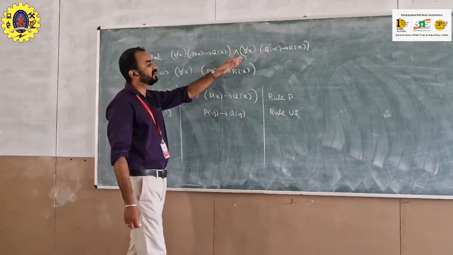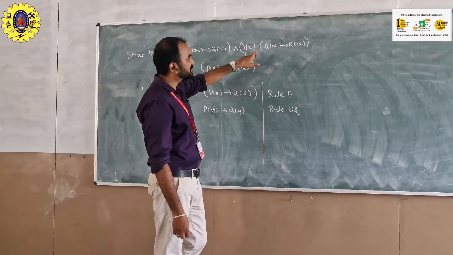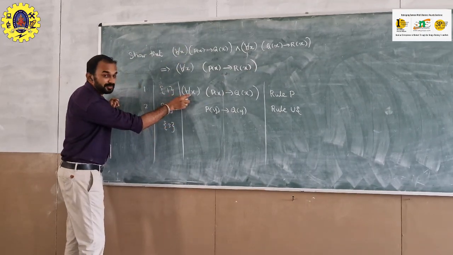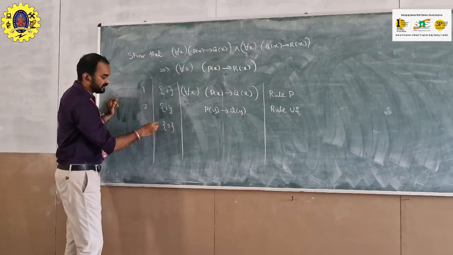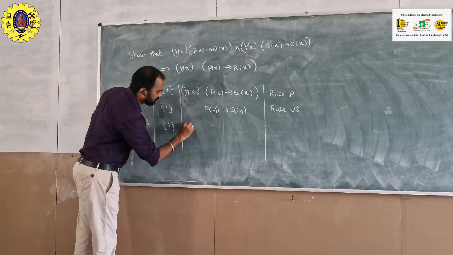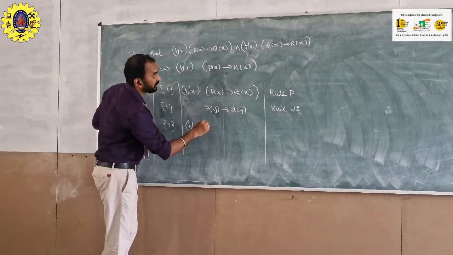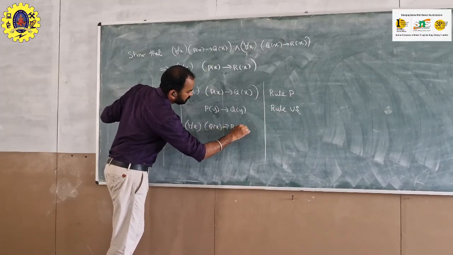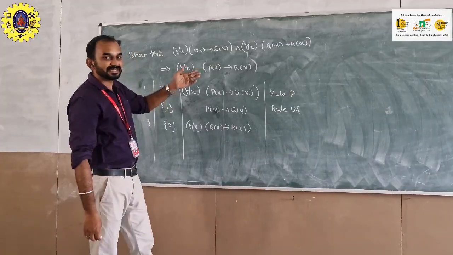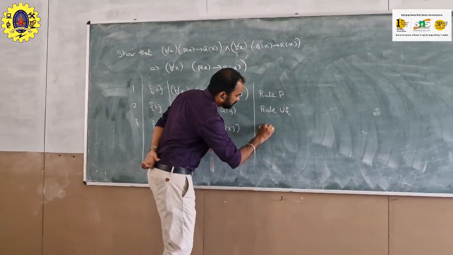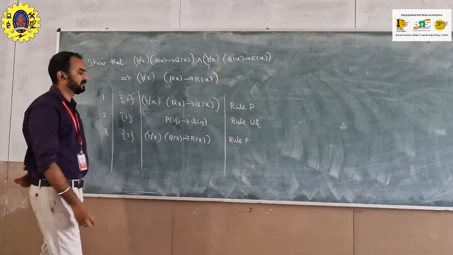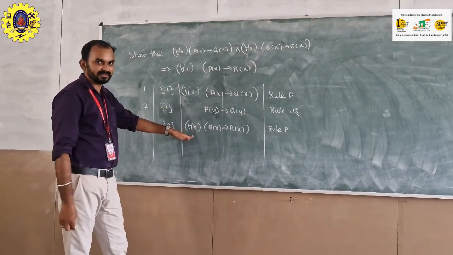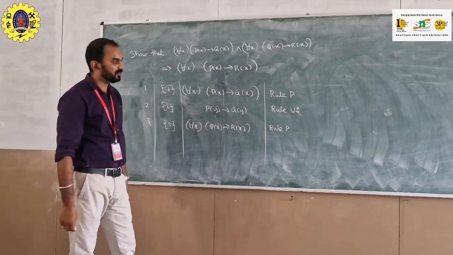Next I introduce our second premise, ∀x (Q(x) → R(x)). This is our third step, the second premise. This is a given premise, so I use rule P. In this premise also we have to cancel for all x, so again I use rule US.